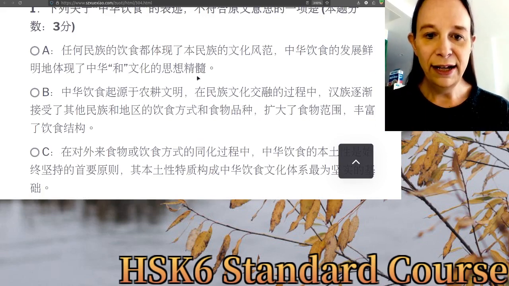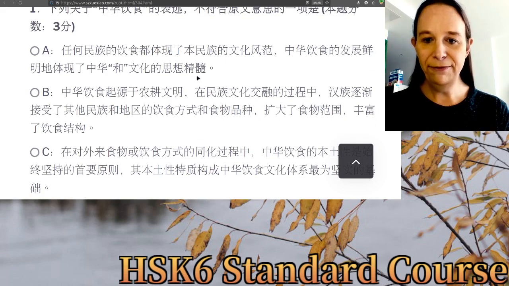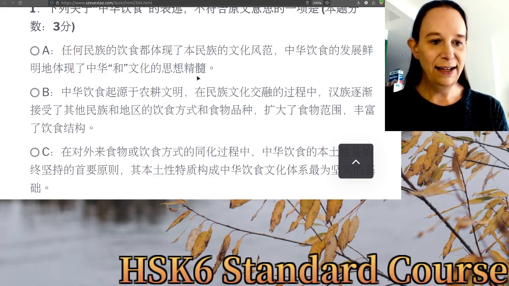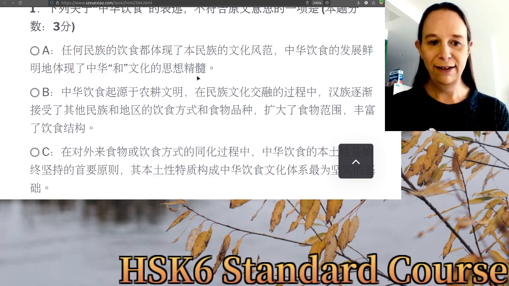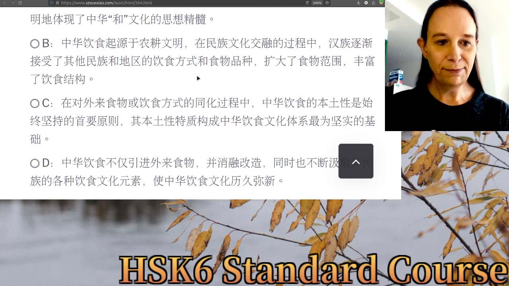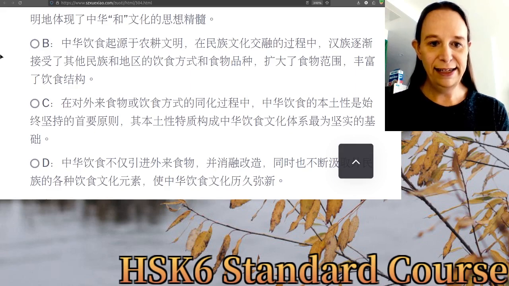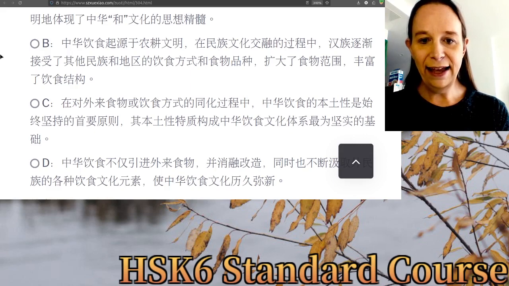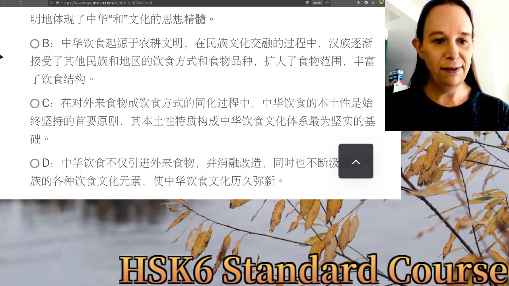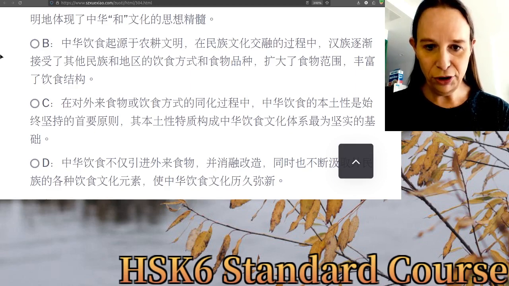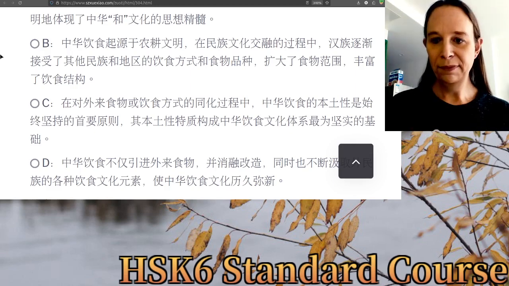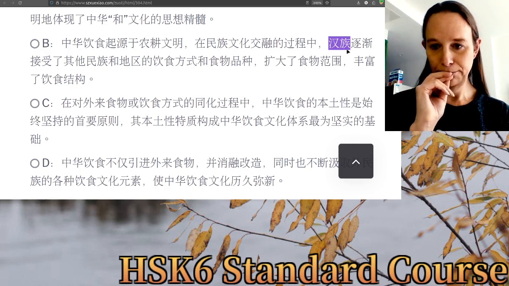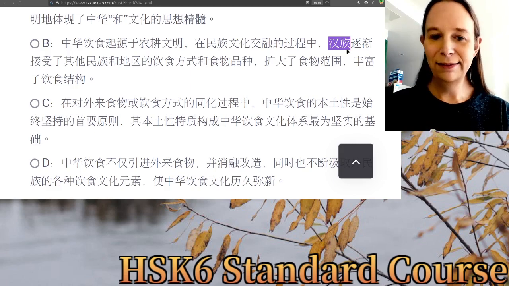Okay, 任何民族的饮食都体现了本民族的文化丰富。中华饮食的发展鲜明的体现了中华和文化的思想精髓。OK，这个是正确的，这是符合原文。B，中华饮食起源于农耕文明。在民族文化交融的过程中，汉族逐渐接受了其他民族和地区的饮食方式和食物品种，扩大了食物范围，丰富了饮食的结构。It's a bit weird saying Hanzu, but it's true for Hanzu, right?